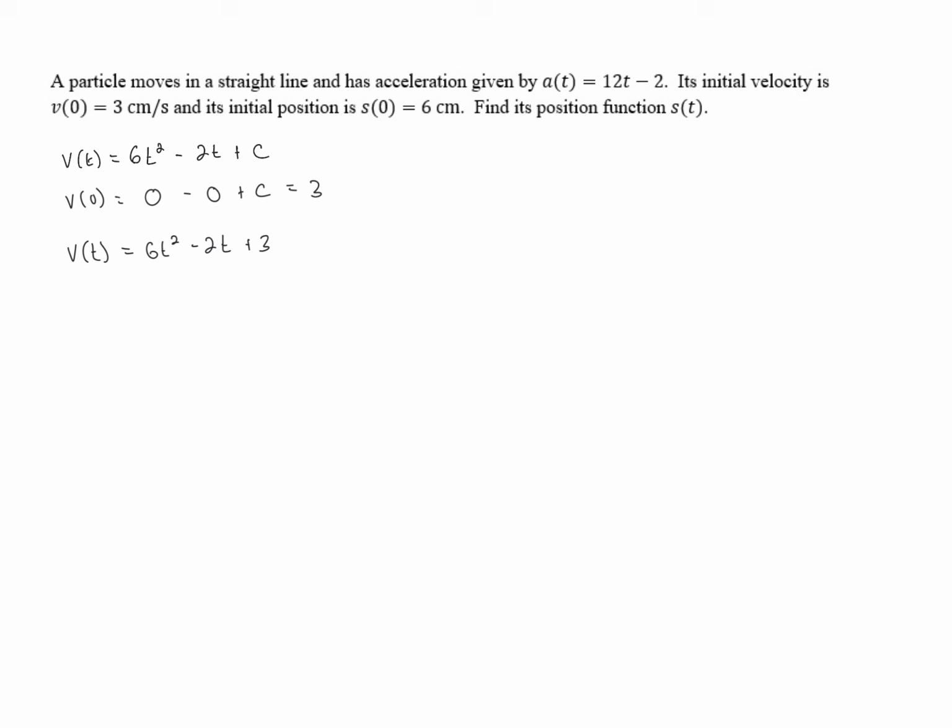You can't always assume that the initial velocity is the value of that constant. It was here because all the other terms vanished, but if our acceleration function has a trigonometric function, for example, sine or cosine, or an exponential function, e to the x, those are not necessarily 0 when the input value is 0.